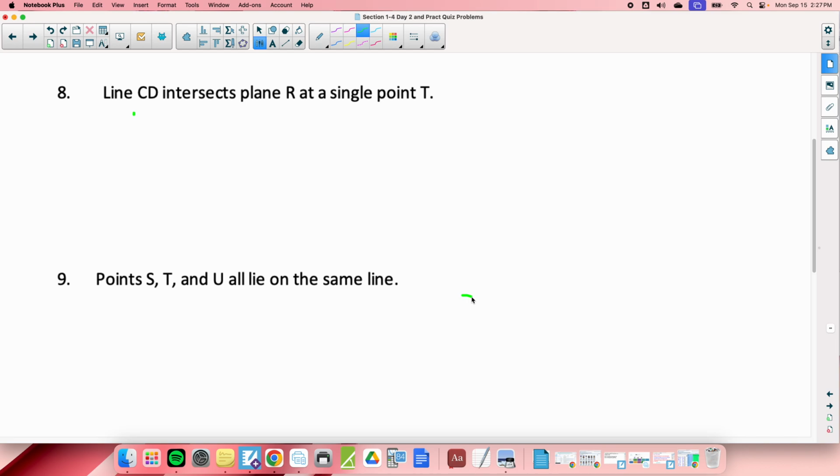That means it's stabbing through. So here's what we're gonna draw. We draw our plane as a crooked rectangle. That plane is plane R, so you should put an R in one of the corners.